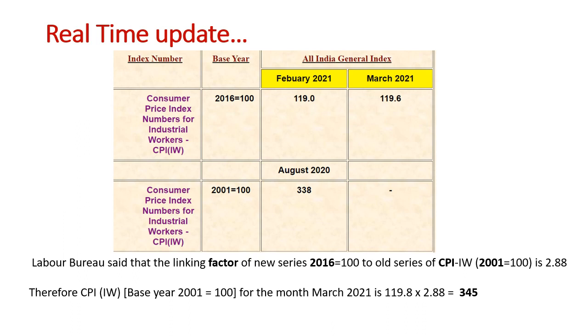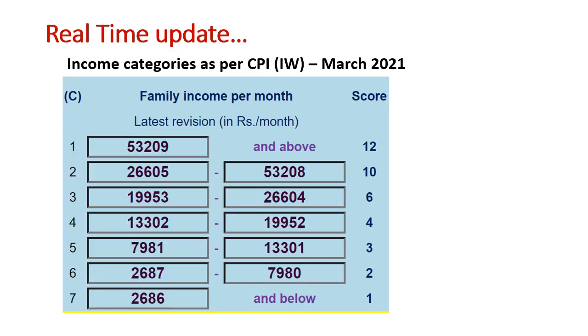So now we have calculated the consumer price index. Now we will fill it in a window provided there, and it will calculate the categories for the income. These are the income categories as per the consumer price index of March 2021. If the family income is more than 53,209, the score given is 12.